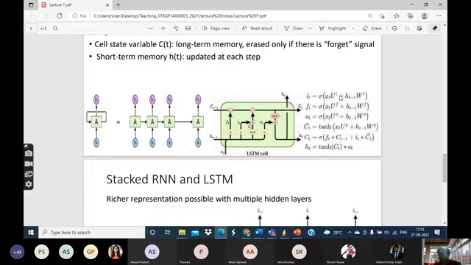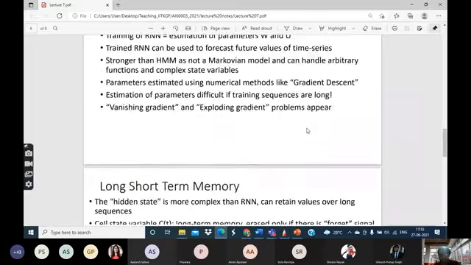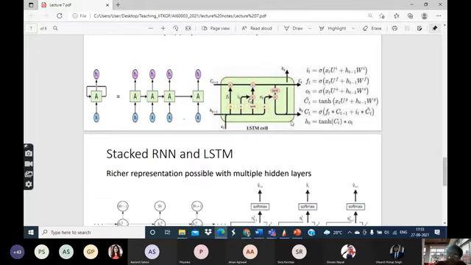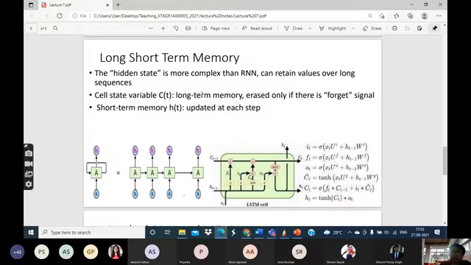In case of RNN, we just had one U and one W and one V. So you have many more parameters in the LSTM, which is potentially a problem, but if you are able to estimate the parameter values well, then it gives you a potentially richer representation than RNN, and it does not suffer from the problems we mentioned earlier, the vanishing gradient and exploding gradient. Why is it so?